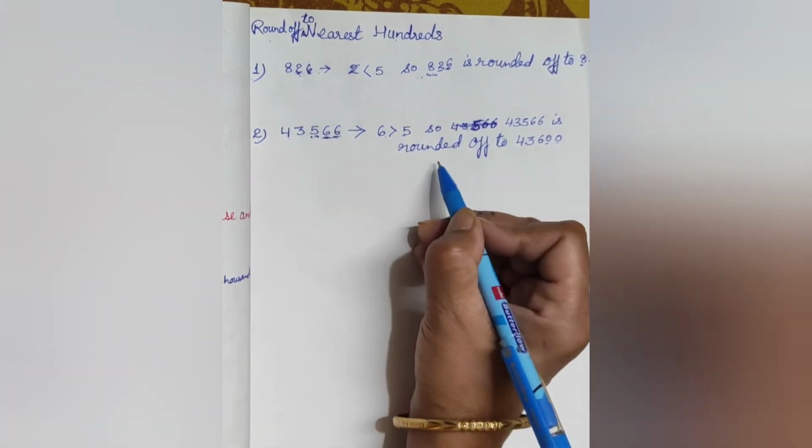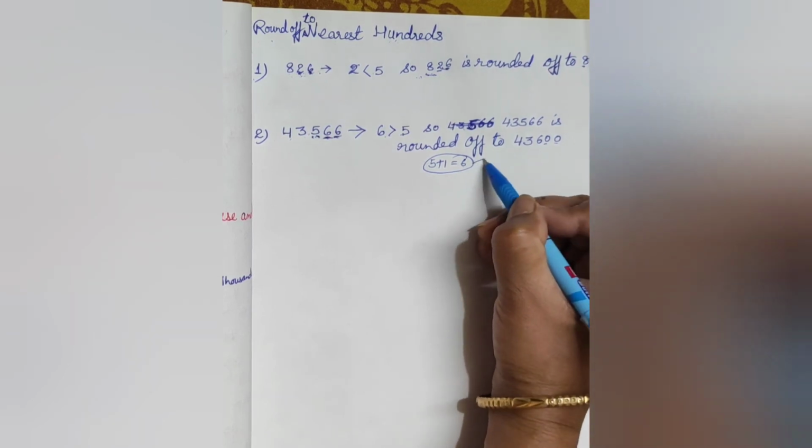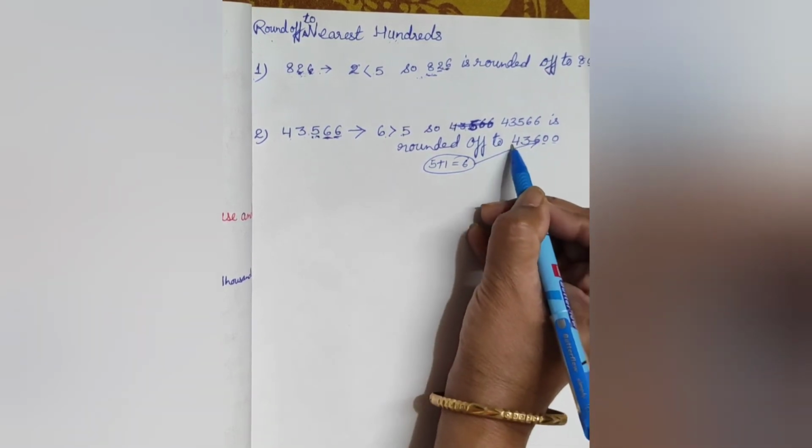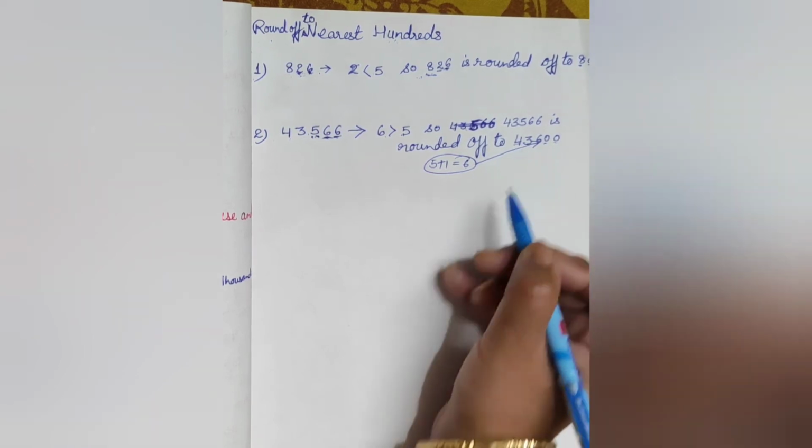So 5 plus 1 is equal to 6 and the other digits remain as they are.